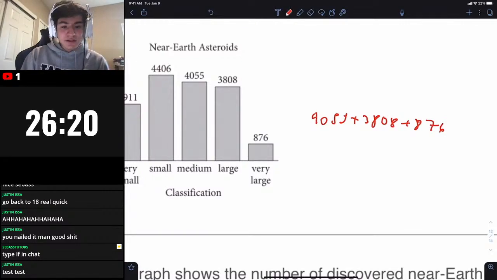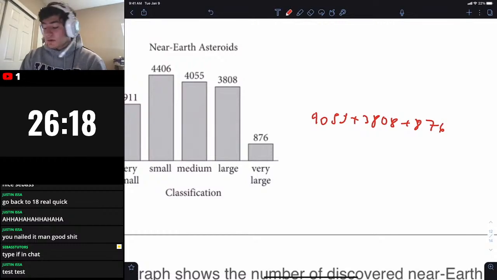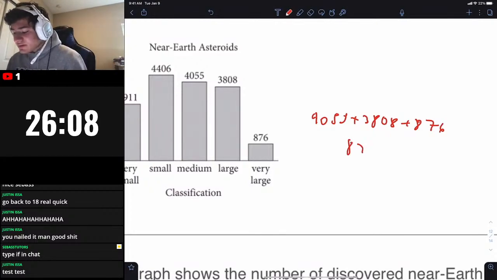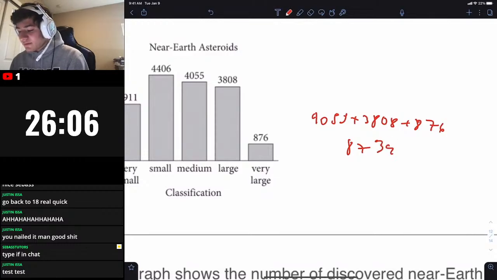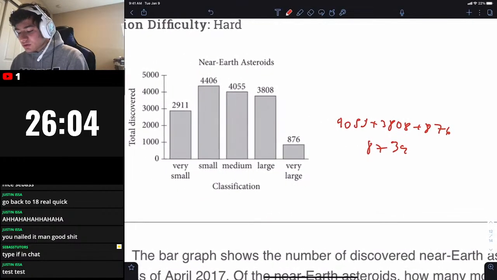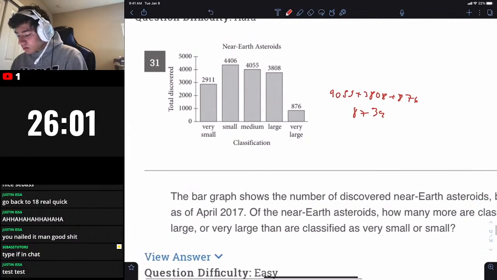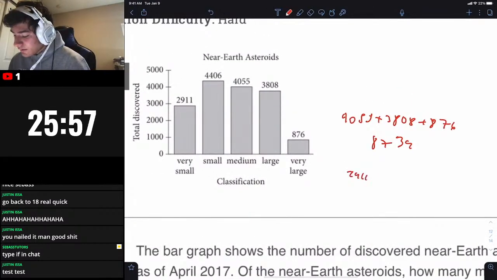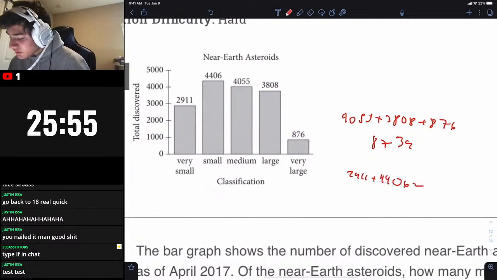This is a calculator heavy section. 4055 plus 3808 plus 876. Gotta go fast here. This is 8739. And then let's do how much are very small. Yeah, just very small. It's just going to be 2911 plus 4406. I'm trying to go fast here.